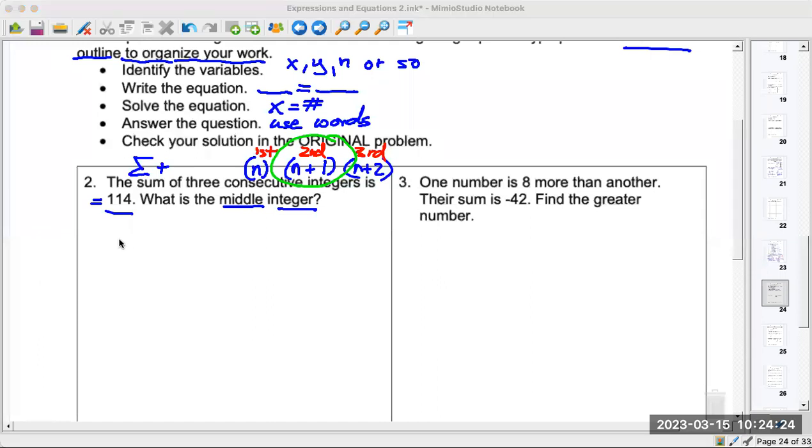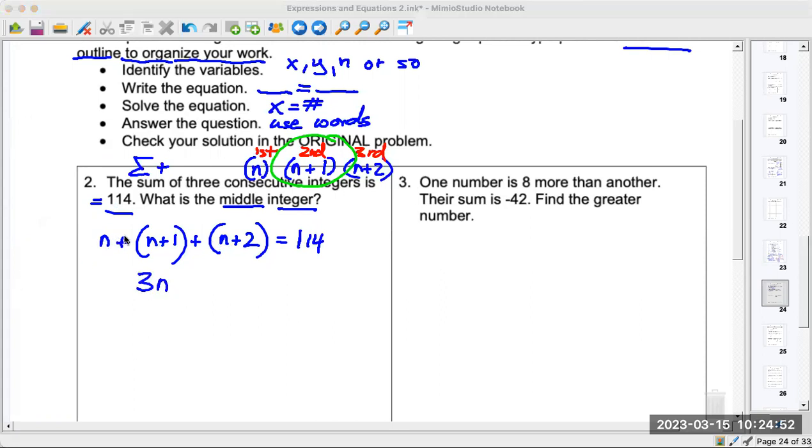All right, let's write it up. The first one plus the second one plus the third one has to equal, when we add it, 114. How many n's? N, N, N. We got 3 n's.